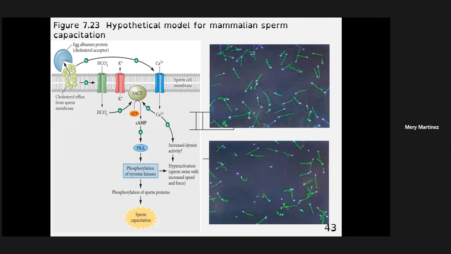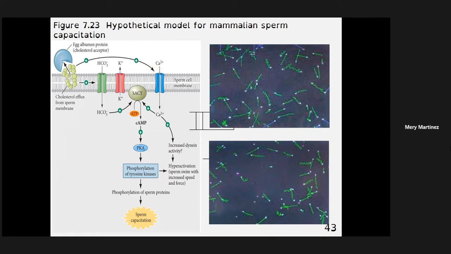This section here, the efflux of cholesterol from the sperm membrane, will allow the influx of bicarbonate that we have in here. And at the same time, we have an influx of calcium. Okay, so bicarbonate and calcium will go in.